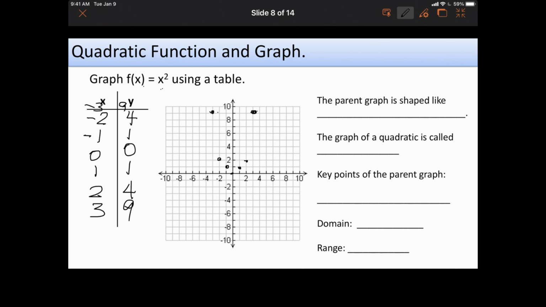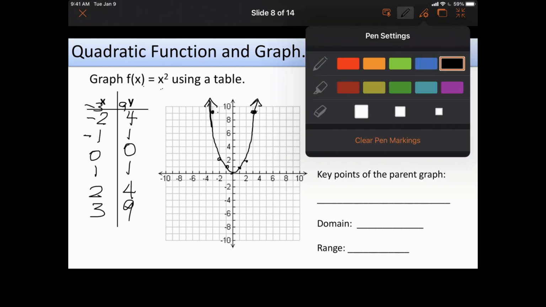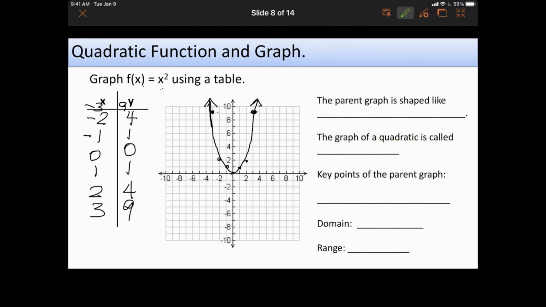So let's look at this graph. This is much different than your absolute value, but there are some similarities. You still have this nice turn point, still called a vertex, where it changes directions.